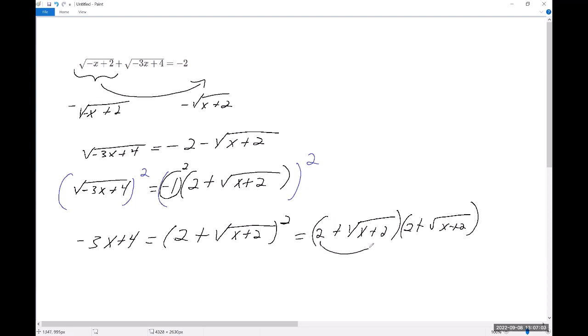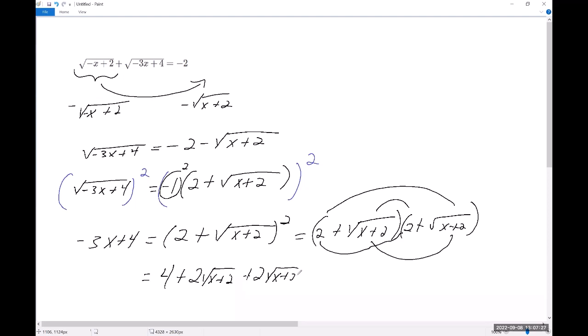And then I'm going to do, whoops, first, outer, inner, and last. And what I end up with is first, outer is 2 root x plus 2. Inner is 2 root x plus 2. And last is x plus 2. So not straightforward for most students.